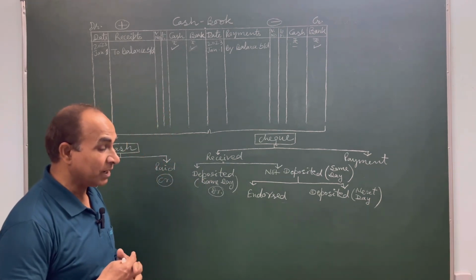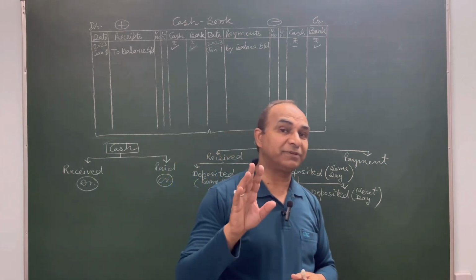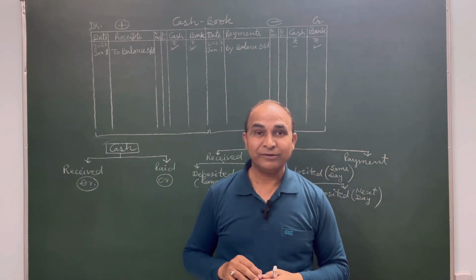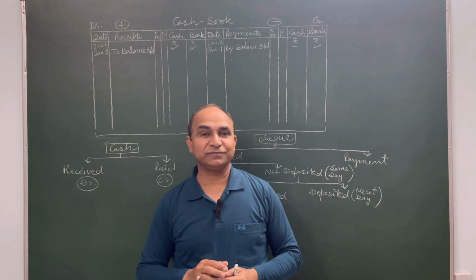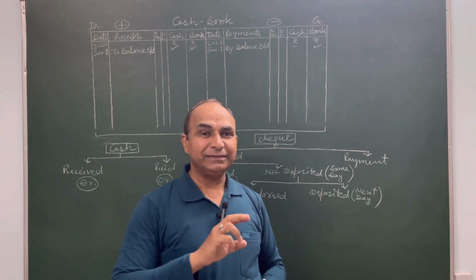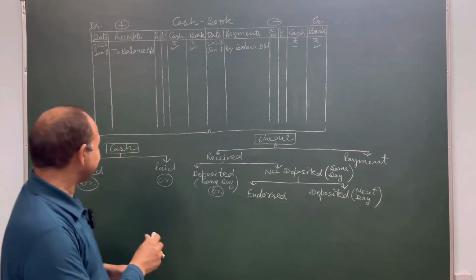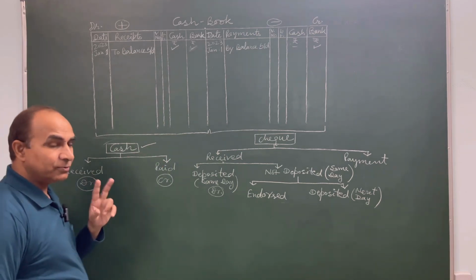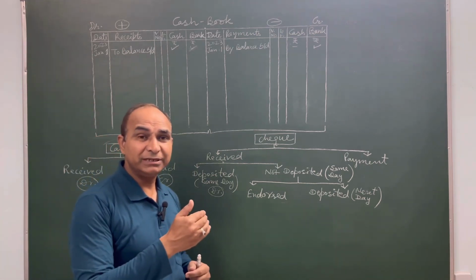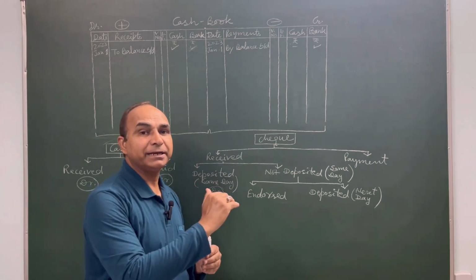Now coming to how to record transactions in the cash book. There are two types of transactions, friends. One is the cash transaction and the second is the check transaction. Let's understand these cash and check transactions separately. If it is a cash transaction, there are two cases. Either we received the amount by cash or we made a payment by cash.